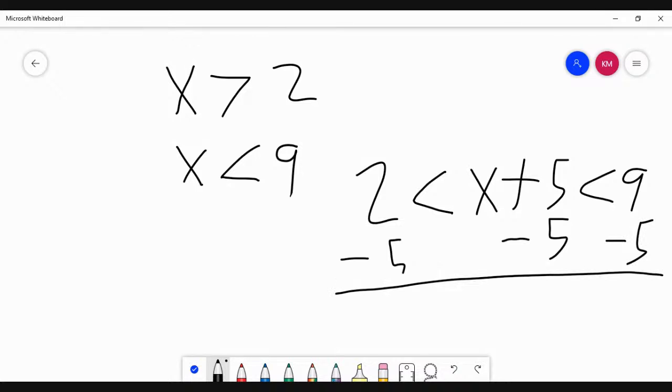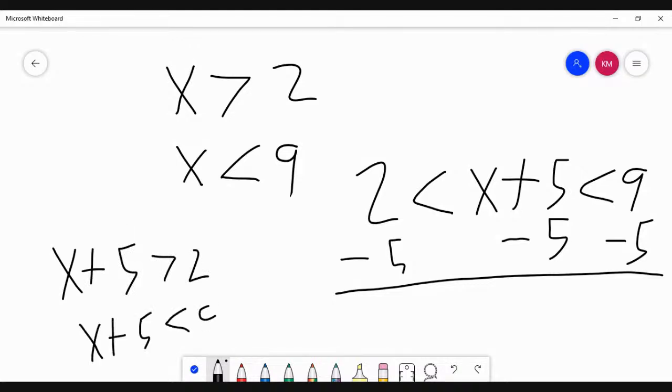Because if I broke this down, this would be x plus 5 is greater than 2, and x plus 5 is less than 9. Compound inequalities allow me to kill 2 birds with 1 stone, meaning I can subtract everything by 5 and get the correct compound inequality.